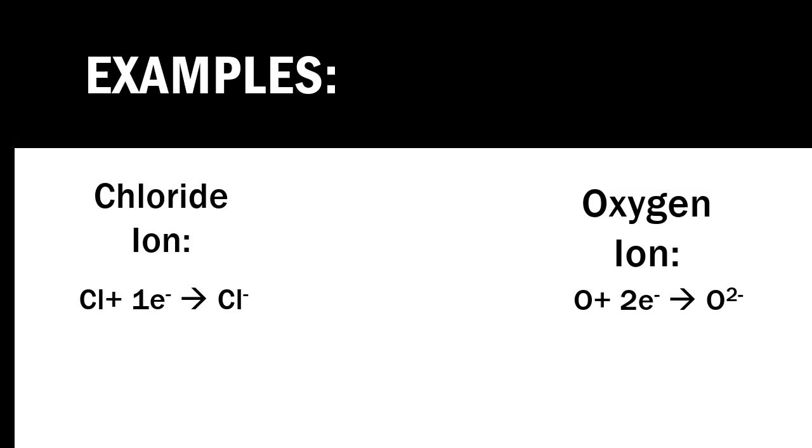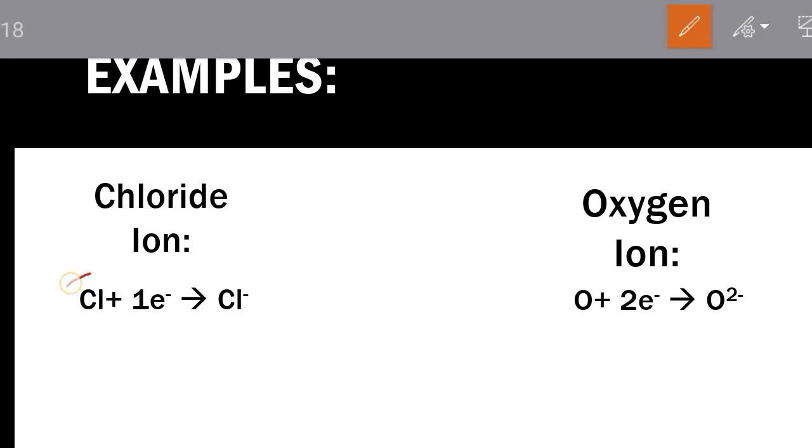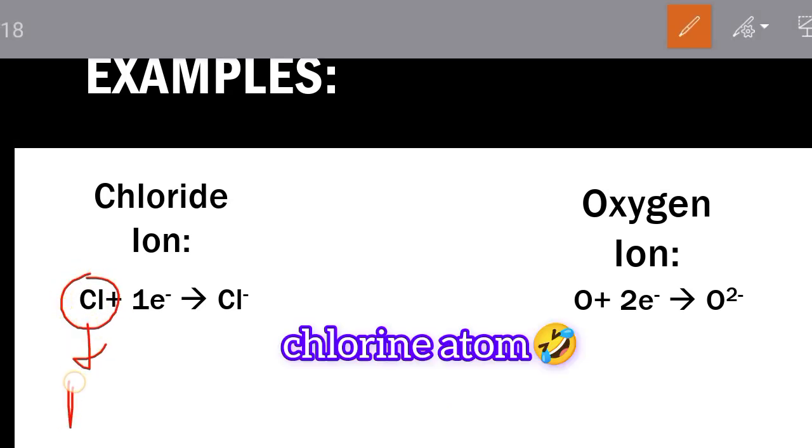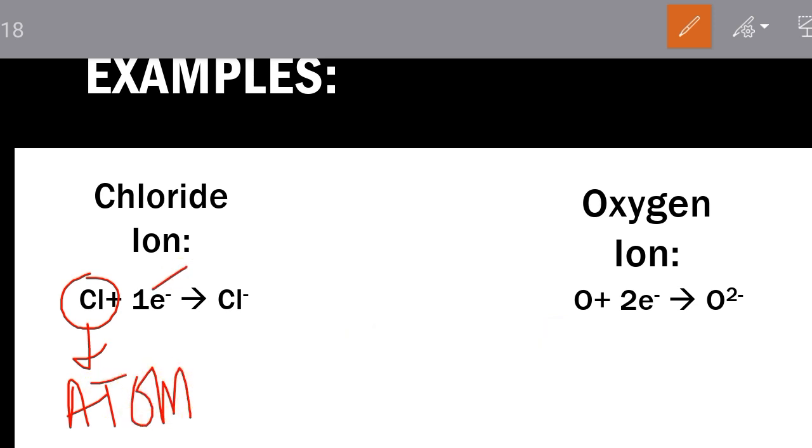Okay, now we are going to discuss some examples of anions. As you can see on the screen, there are two examples. On the left side, you can see the example of the chloride ion, and on the right, the example of the oxygen ion is given. As we can see, firstly, this is a chlorine atom, and when this atom gains one electron, it will become a chloride ion.